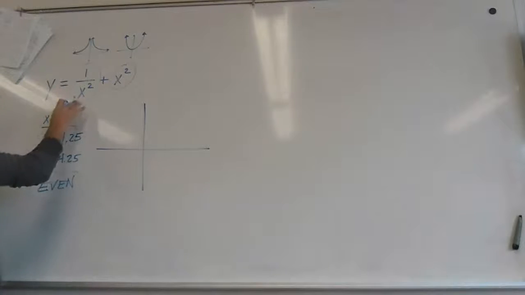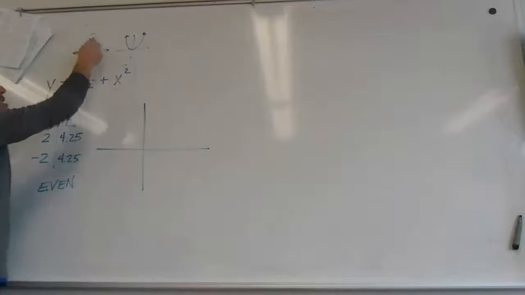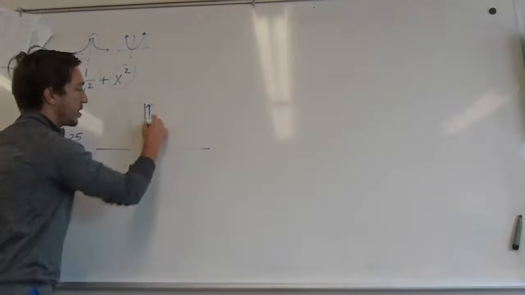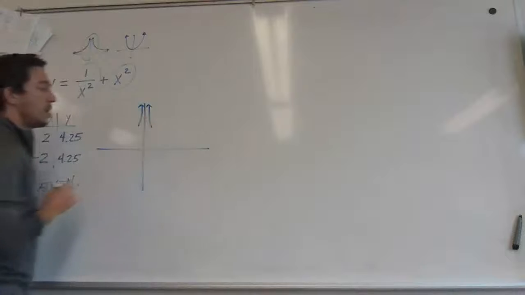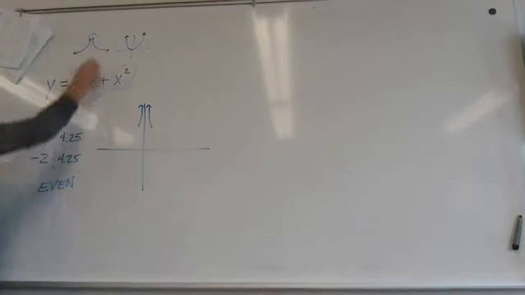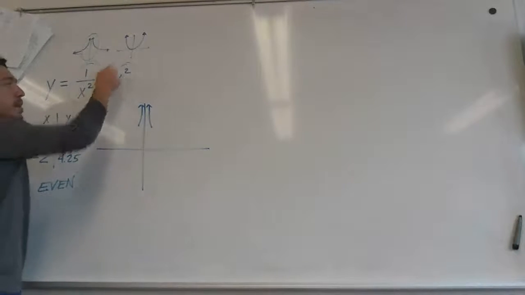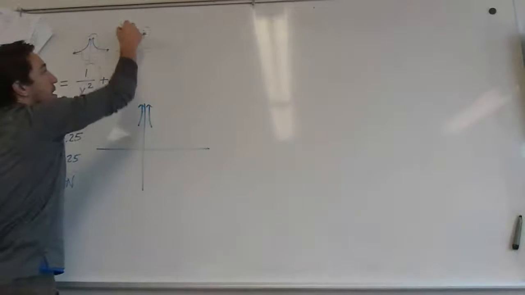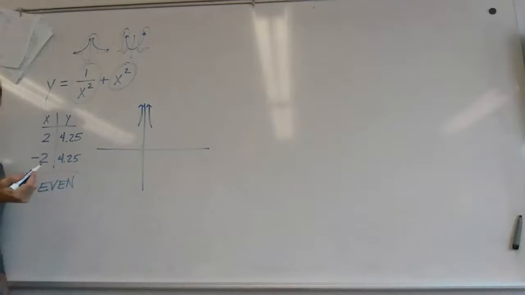So for small x values, this behavior dominates the function. So for small values, we get these asymptotes. But for large values, let's say we plug in 100. Now this number is really small, and this number would be 10,000, which means that for large x values, there's that kind of behavior.